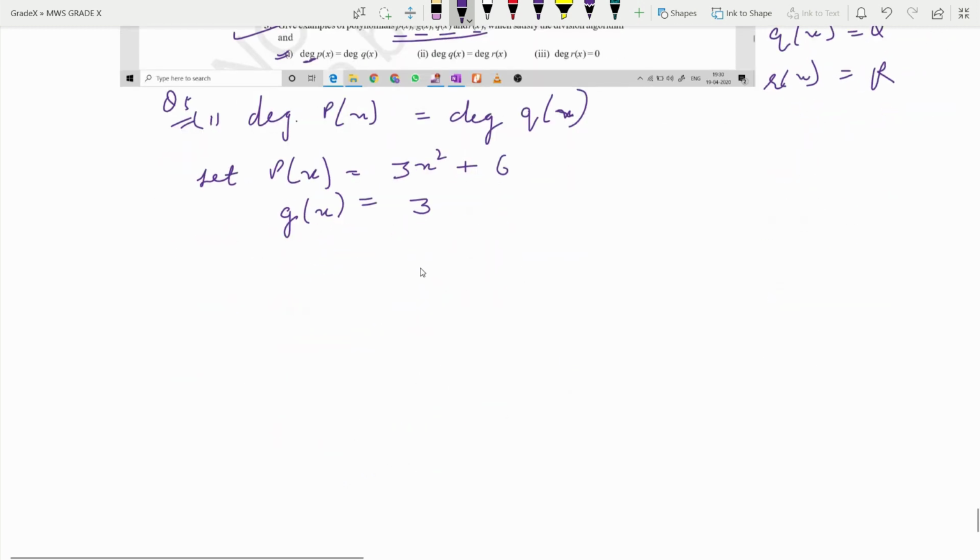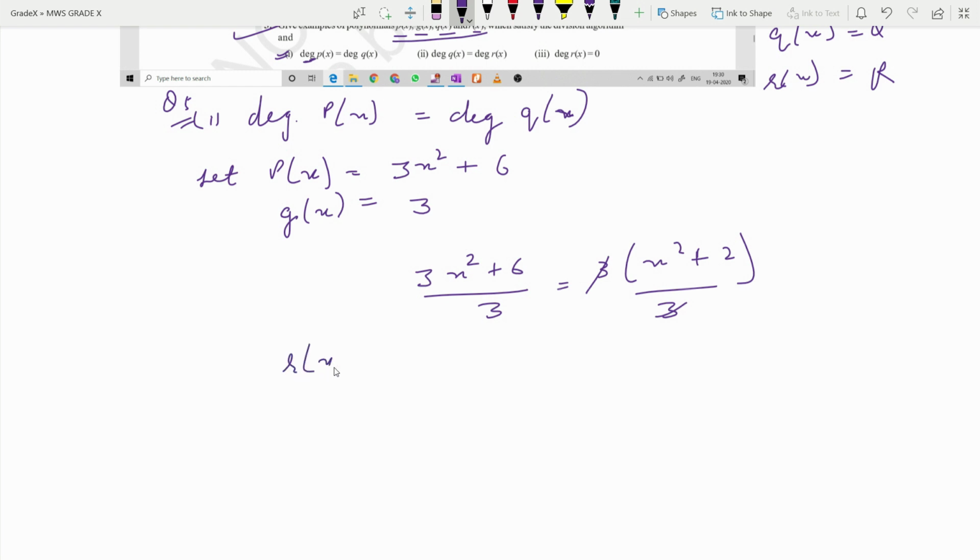If you divide these two, it will be like 3 common cancels out. So here the remainder is 0 and the quotient is x square plus 2.